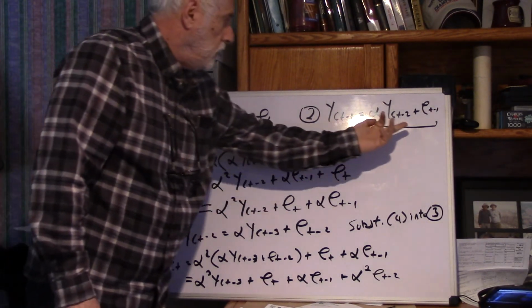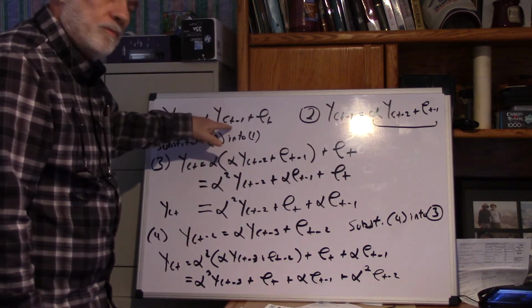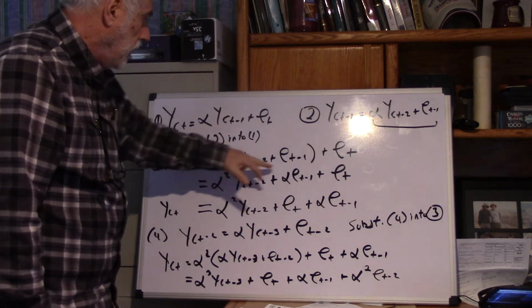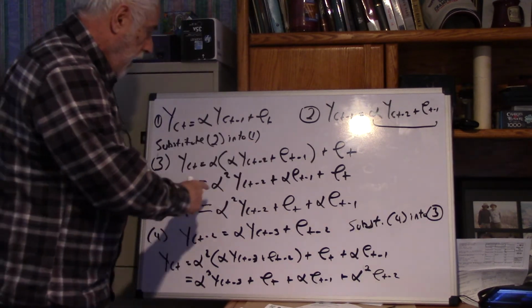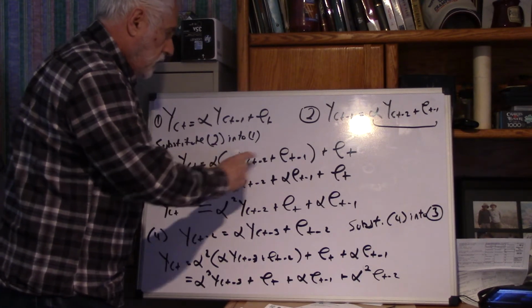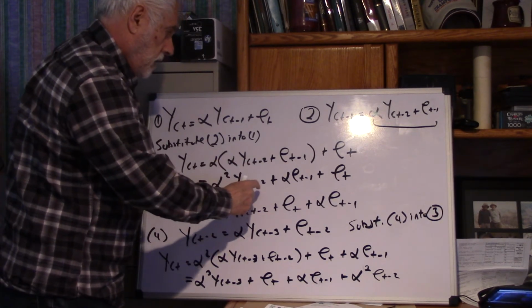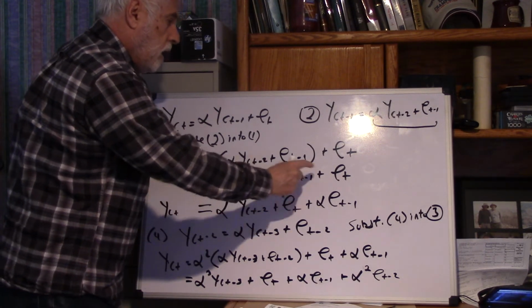I substitute in what Y^C_{t-1} is right here. Okay? And that's what I get right here. Then I just multiply the alpha through, and I get alpha squared Y^C_{t-2} plus alpha times ε_{t-1} right here, plus ε_t.